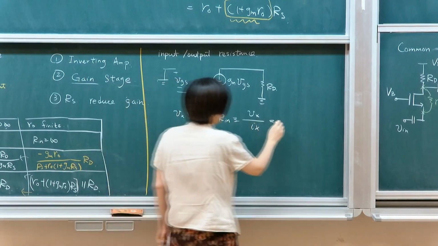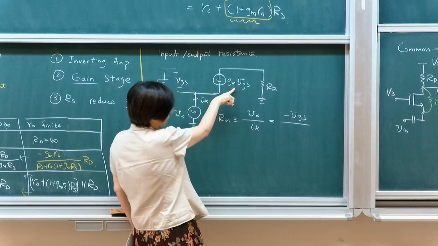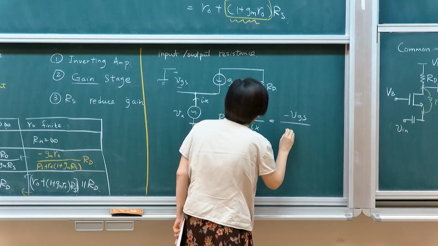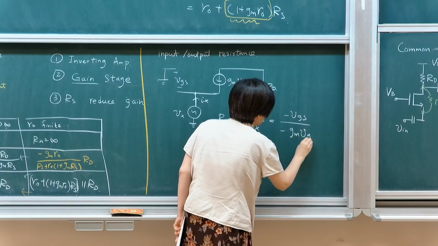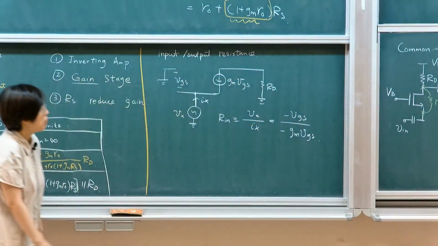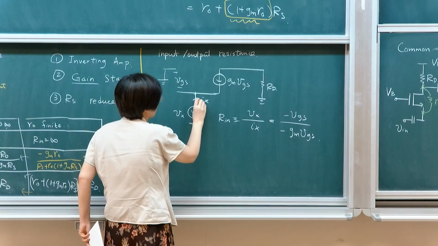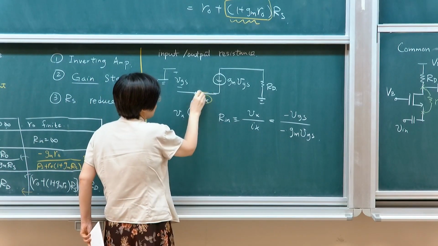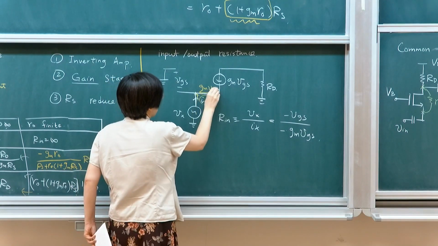What is Vx? Vx is minus VGS. What is Ix? Ix is this current, which is minus gm VGS. Let me highlight again. This is Ix going in. Ix plus the current coming down, which is gm VGS, equals 0.